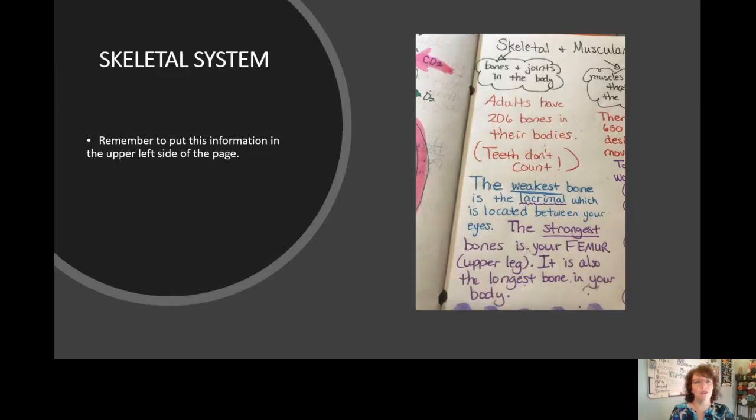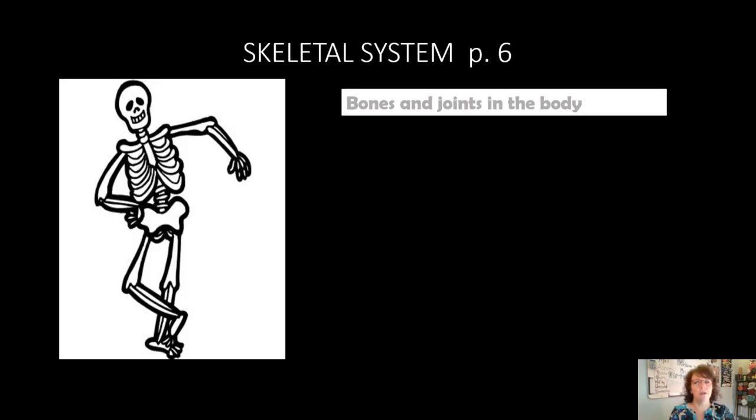For the skeletal system, this is all going on the upper left. There's the word skeletal, not skeleton, and it's bones and joints in the body. Adults have 206 bones in their bodies, and teeth don't count. I made you some more notes, and here's what you're going to start with. You're going to start the skeletal system and write bones and joints in the body.